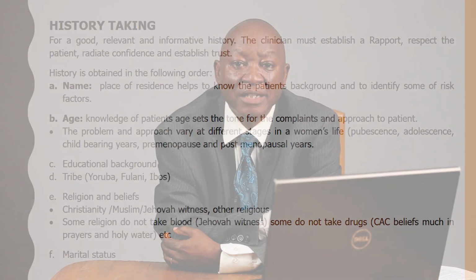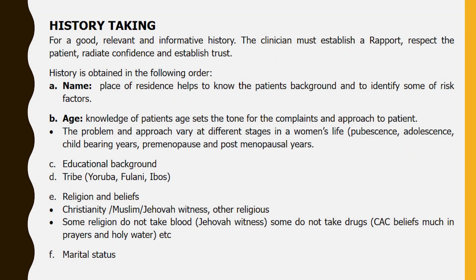Usually, history is obtained in a particular order, but this is the order that I prefer. You start by asking for the name of the patient, then the place of residence, so that we can determine the cultural background of the patient.